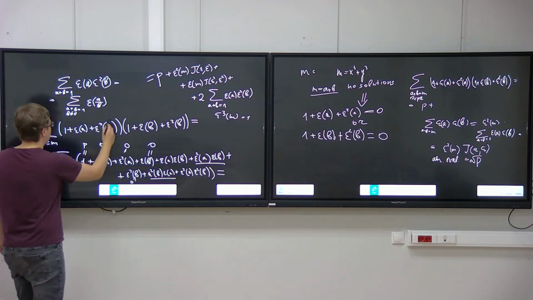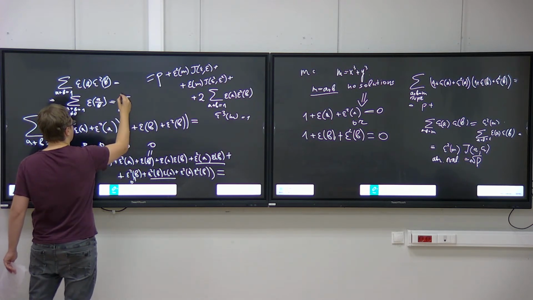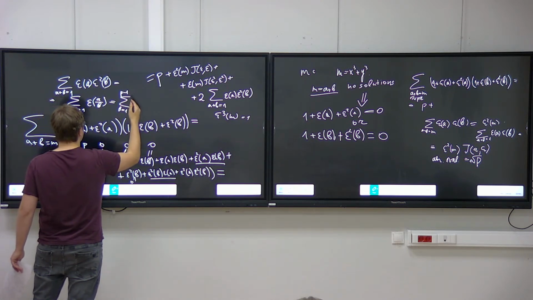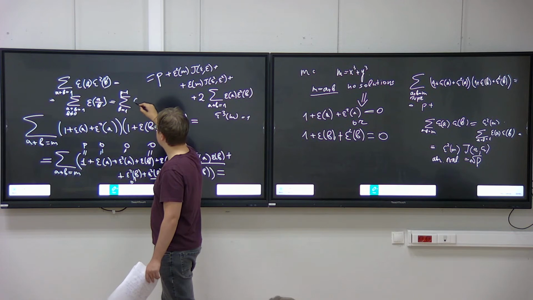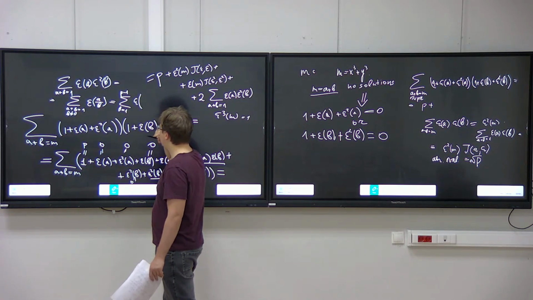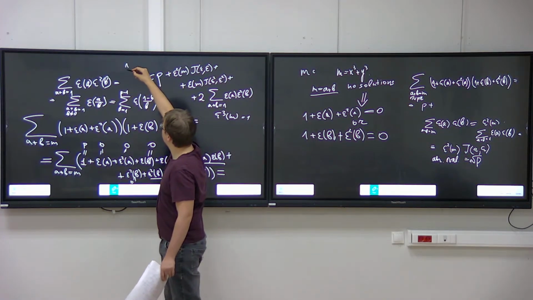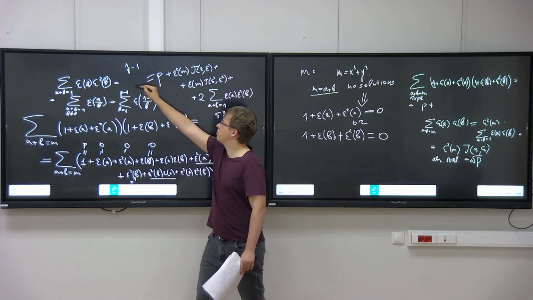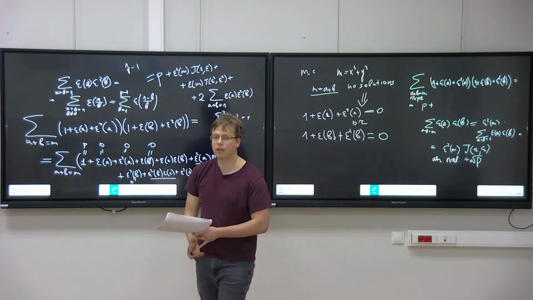And what is this? It's the sum over b from 1 up to p minus 1, excluding 0, of epsilon of (1 minus b) over b. So this is 1 over b minus 1. If b runs from 1 up to p minus 1, this expression runs over all residues except one.